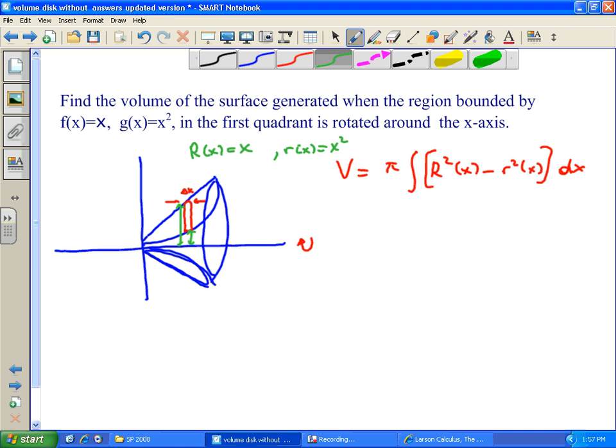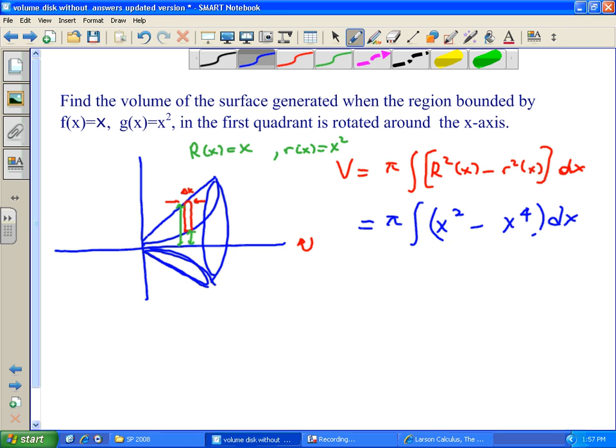So now we're going to put them into the formula, and as you do that, don't forget to square them. So big R squared is going to be just x squared. And what should I have for little r squared here? X to the fourth, right? Because it's x squared squared, so that'll be x to the fourth.